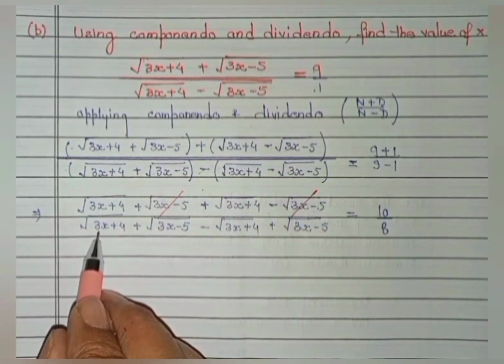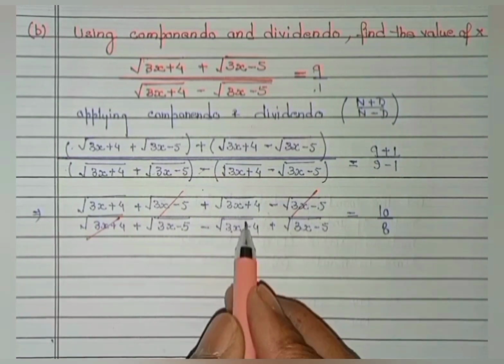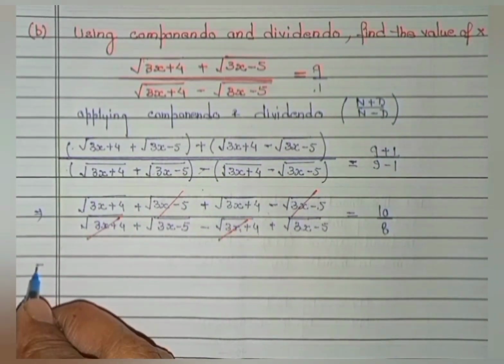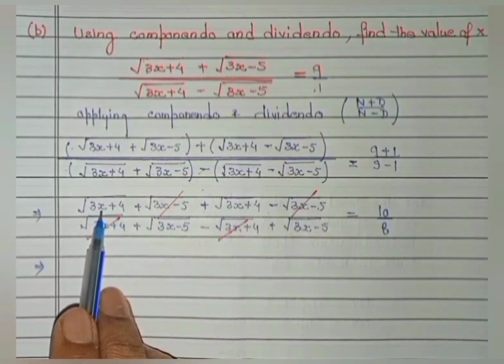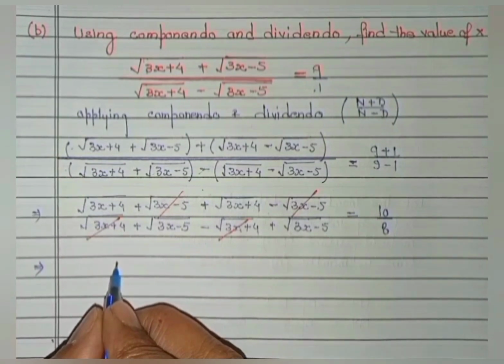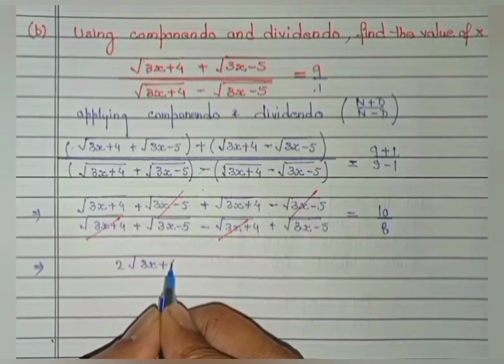In the denominator place, 3x plus 4 positive, 3x plus 4 negative. Now if you see in the numerator place, you are getting root of 3x plus 4 twice, so you can write twice root of 3x plus 4.